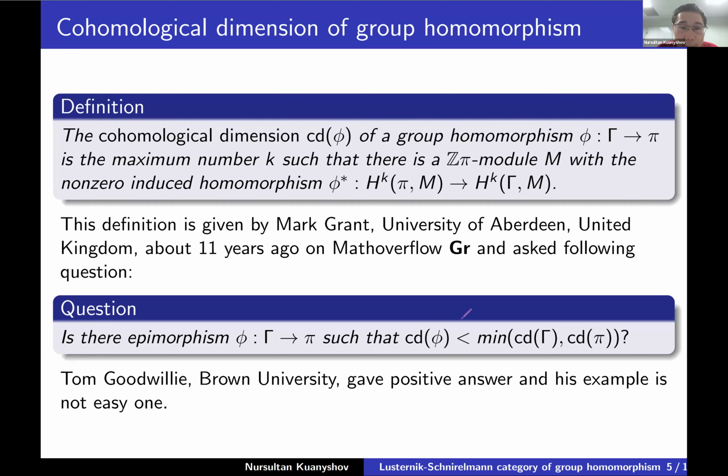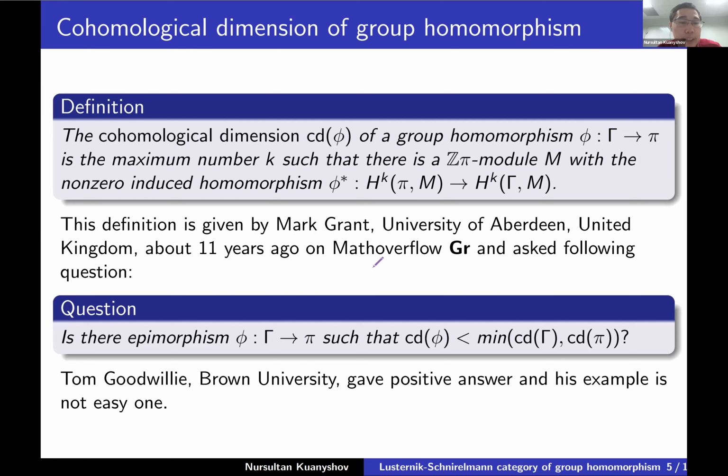And he asks the following question: is there an epimorphism, in other words a surjective homomorphism, such that the cohomological dimension of the group homomorphism is strictly less than the cohomological dimension of the domain and codomain? We know that it's less than or equal, but the question is whether we have an example with strict inequality.